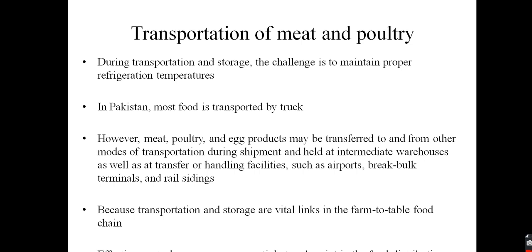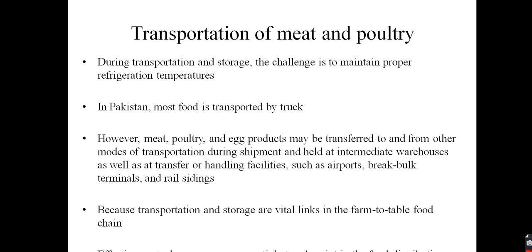Effective control measures are essential at each point: during handling, transportation, cutting, packaging, and distribution. In other words, each step has a critical control point (CCP) to avoid the entry of any type of hazards.